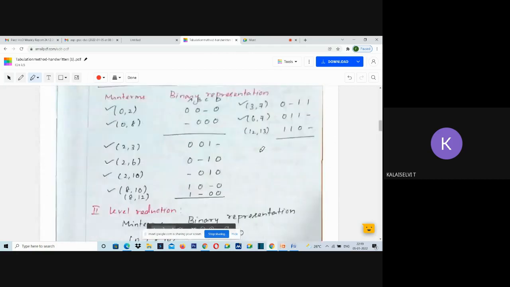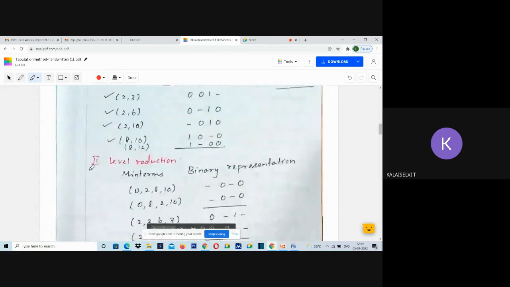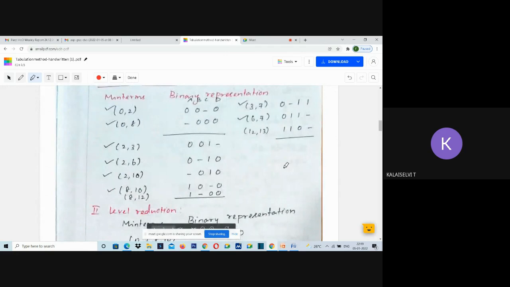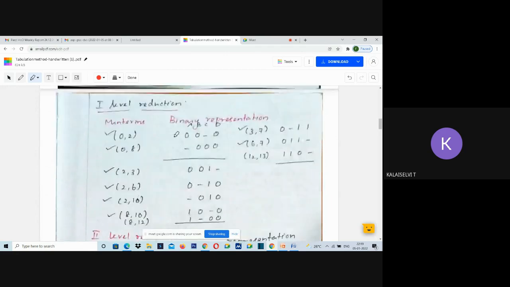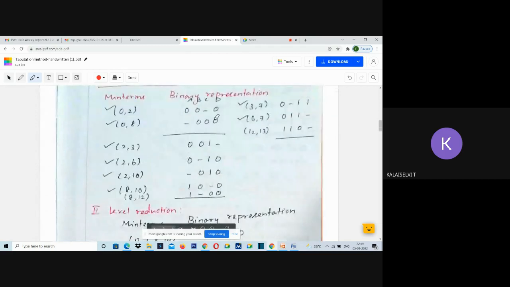After completing the first level reduction, we are moving to the second level reduction. In this second level reduction, we do the comparison as done in the first level reduction, and we have to include one more thing: we have to check the hyphen. The hyphen should occur at the same position, and there should be a change in only 1-bit position.